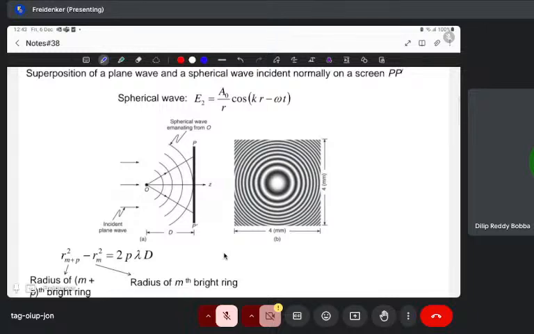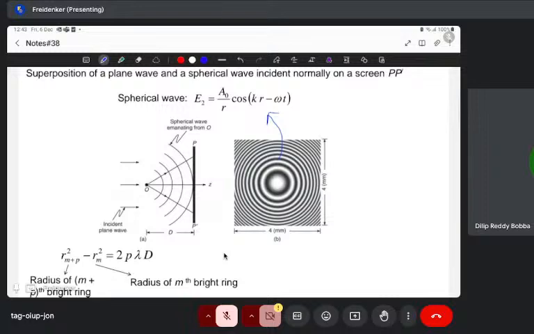They gave me some equation. So they're trying to represent this mathematically. As R increases, amplitude decreases. Is that how it is? Maybe, yes.